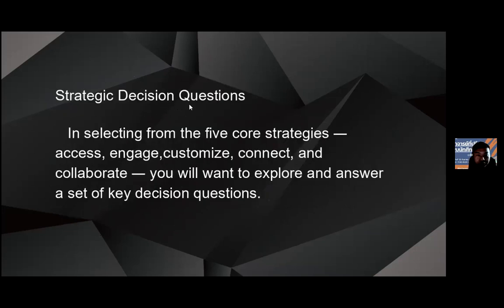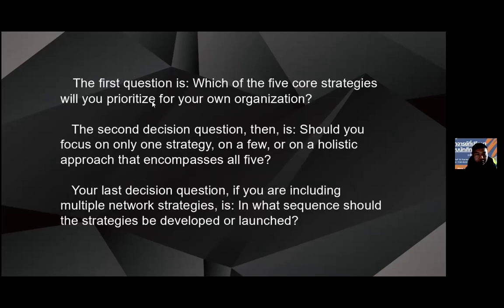The strategy decision questions. In selecting from the 5 core strategies, access, engage, customize, connect, and collaborate, you will want to explore and answer a set of key decision questions. The first question is, which of the 5 core strategies will you prioritize for your own organization?